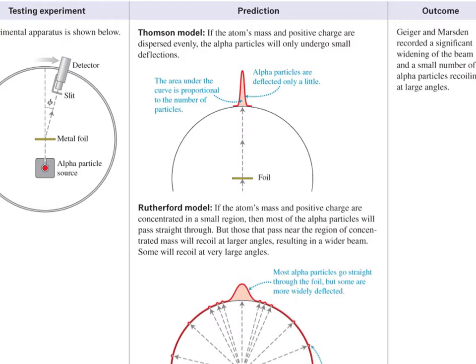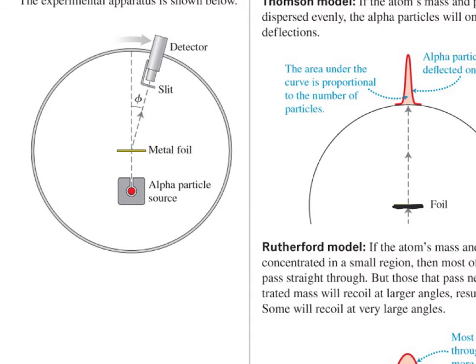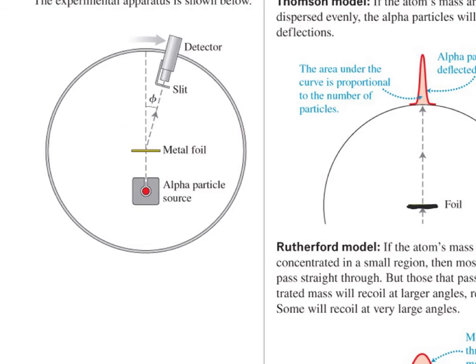So let's explain Rutherford's experiment. You've got a piece of gold foil right here. And there's a source of alpha particles. Those are helium nuclei. Alpha particles are the nuclei of helium, so it's like 2 protons, because remember, helium has atomic number 2, and the nucleus basically has only 2 protons.